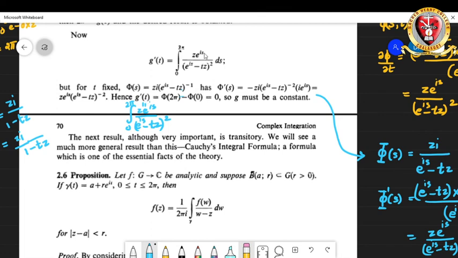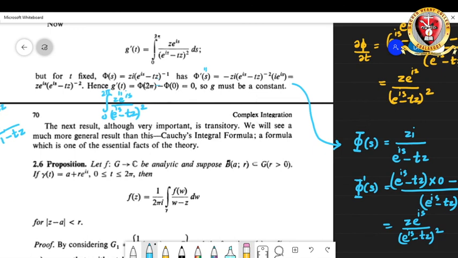g′(t) is equal to this, right? The term sitting here is equal to the integral from 0 to 2π of Φ′(s) ds. By the fundamental theorem of calculus, this is equal to Φ(2π) minus Φ(0).